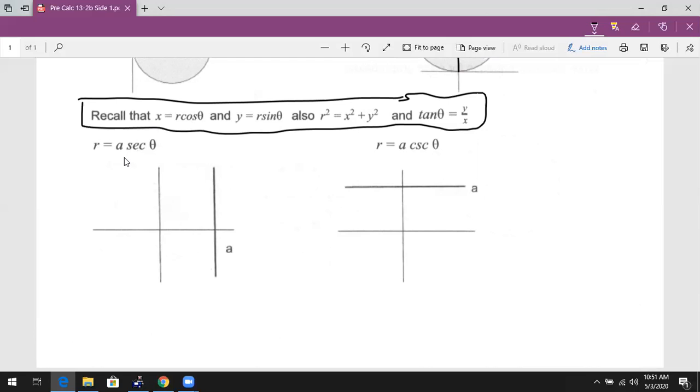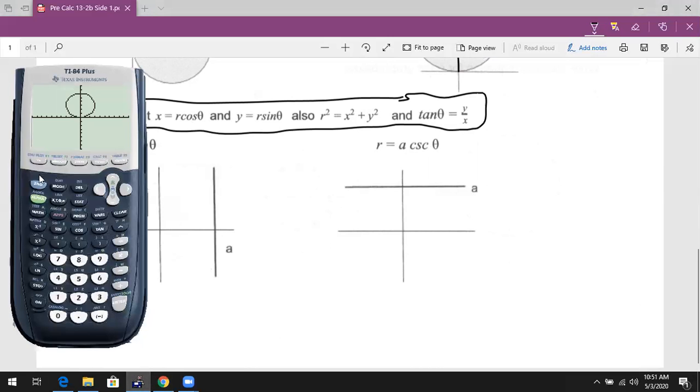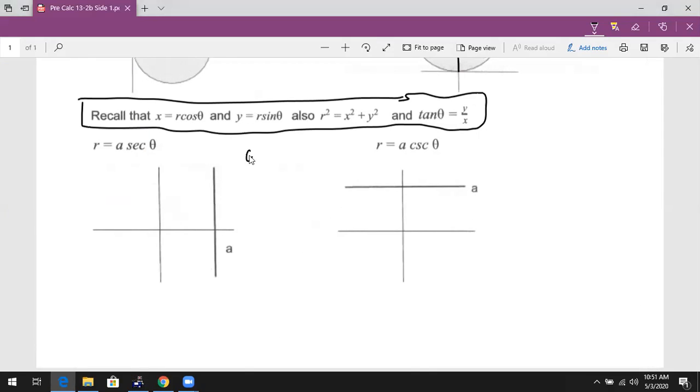But we're going to go over here, r equals a secant theta. According to this, this is a vertical line A units out, while r equals A cosecant theta is a horizontal line A units up. Let's take a look. Let's say 6 secant theta.